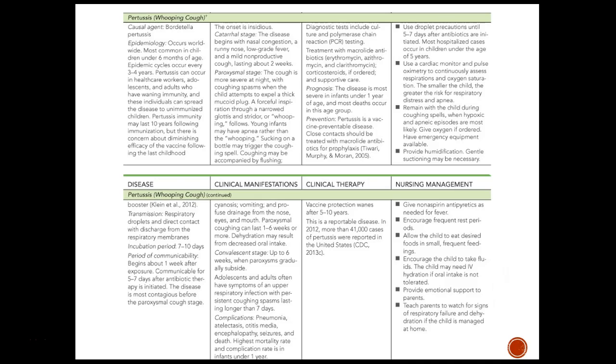We treat whooping cough or pertussis with macrolide antibiotics, and we give supportive care. It's most severe in infants that are under a year old, and that's where most of the deaths occur, like I just said. And this is a vaccine-preventable disease.